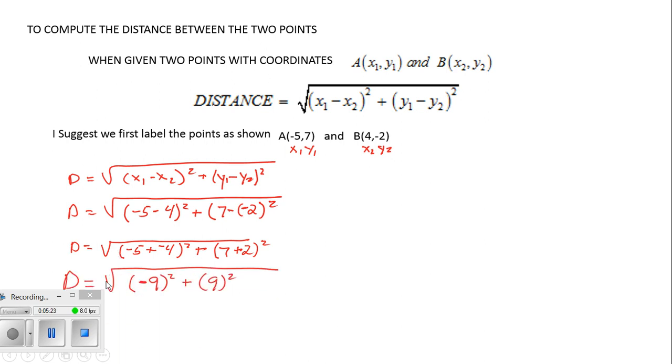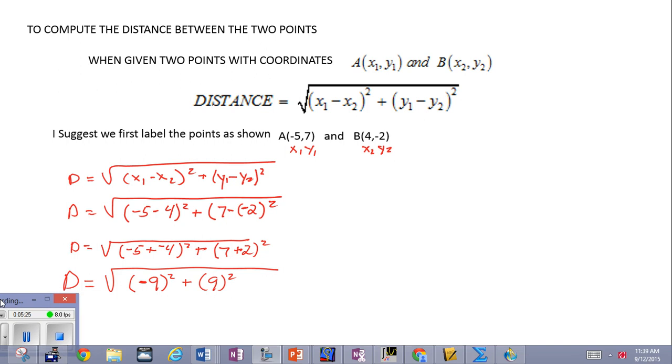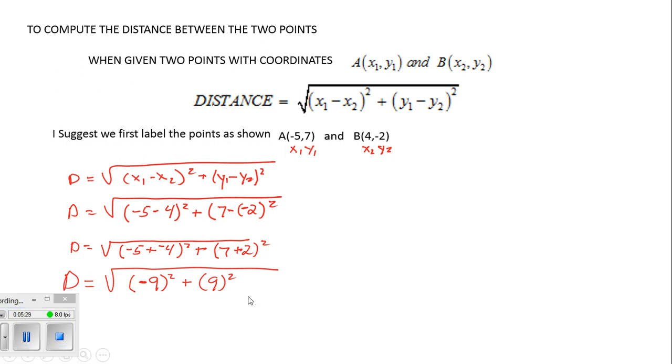What we get there is the square root of -9 squared plus 9 squared, which summarizes over here as the square root of 81 plus 81. The square root of 162, my calculator will tell me, is 12.73.